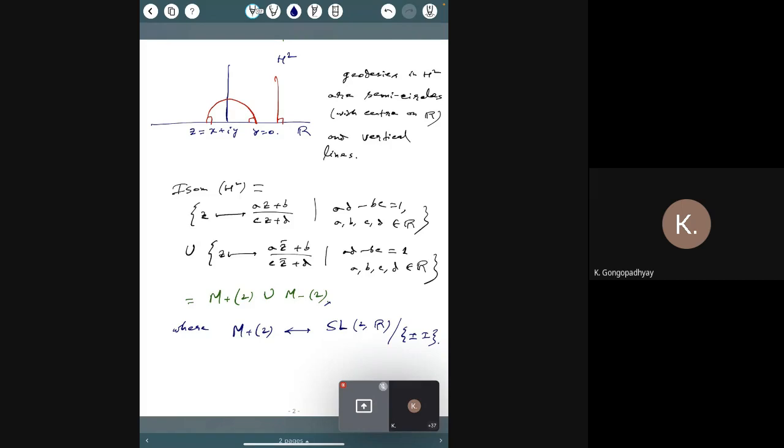All right. So this group is denoted by PSL2R. Okay. So this is the orientation preserving group of isometries.